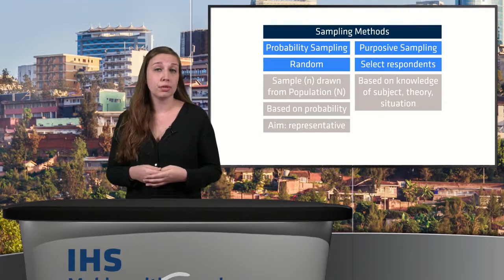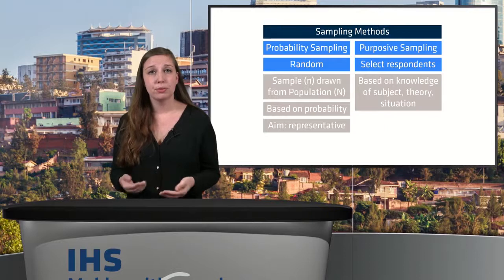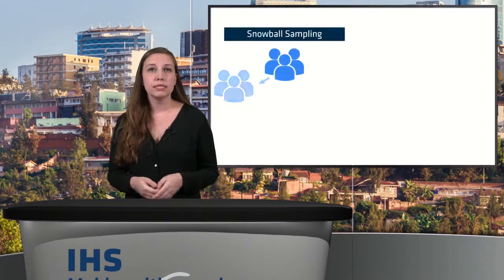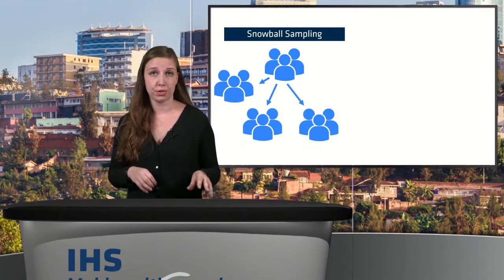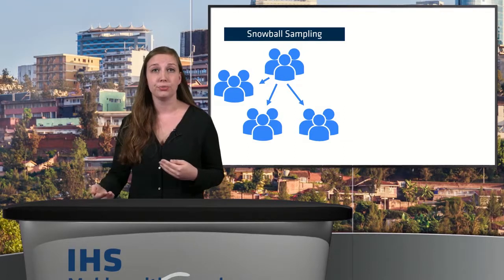They may all give you more insight. That is why for qualitative methods, a purposive sample is most often used. Purposive sampling includes snowball sampling, which means that you use your respondents to find or recruit other possible respondents. Your first respondents will therefore lead you to the next ones, and so on.